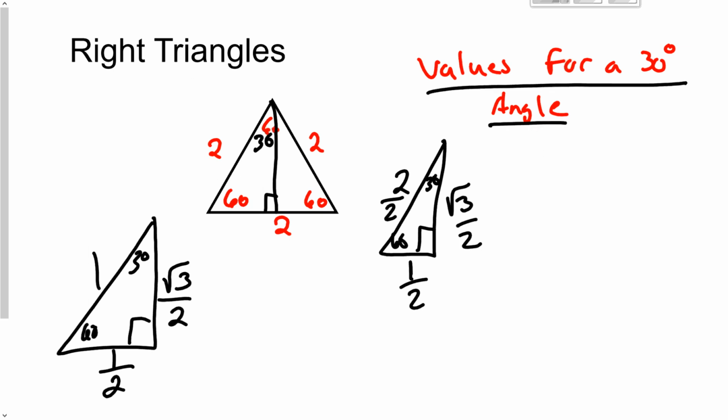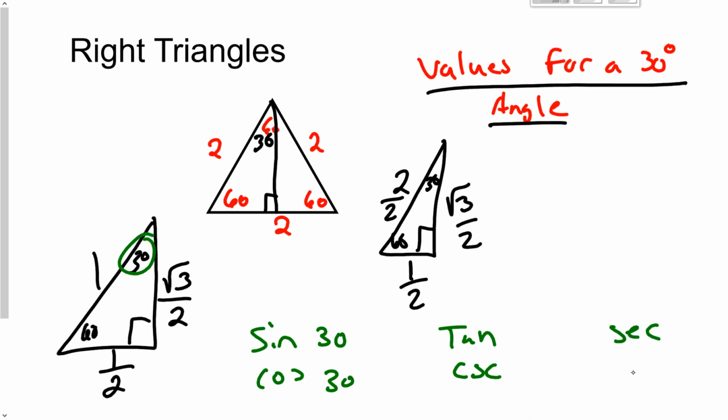Okay, so now we can look at what the values are for the 30-degree angle. We're going to find sine of 30, cosine of 30, tan of 30, and then the reciprocals: cosecant, secant, and cotangent of 30 degrees.